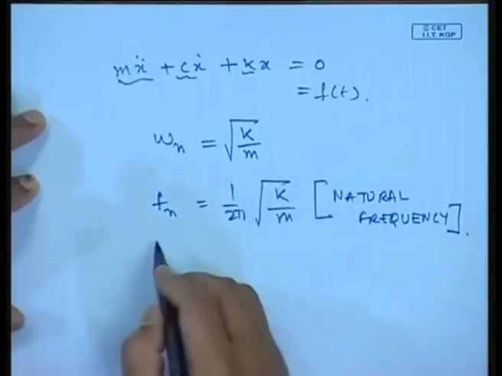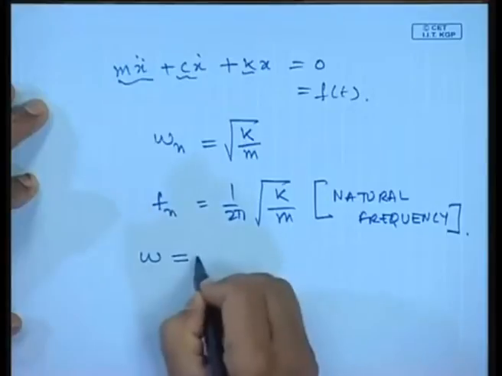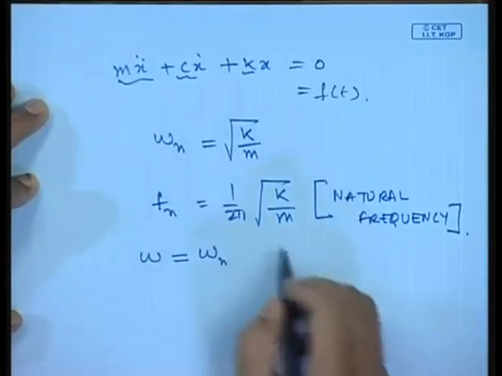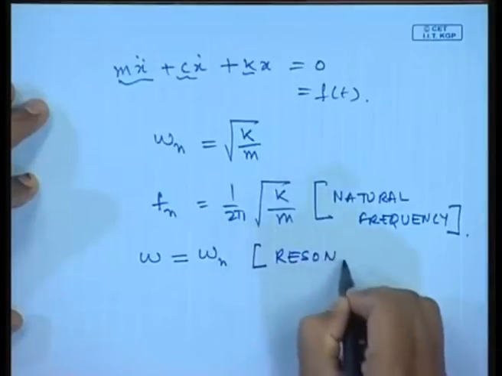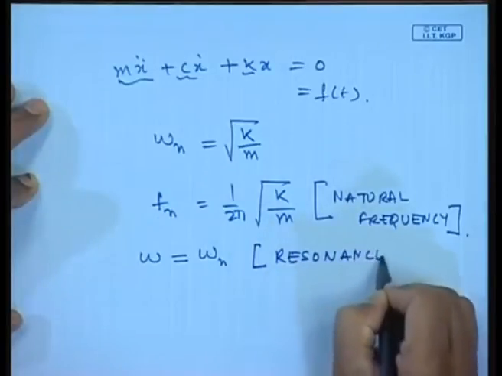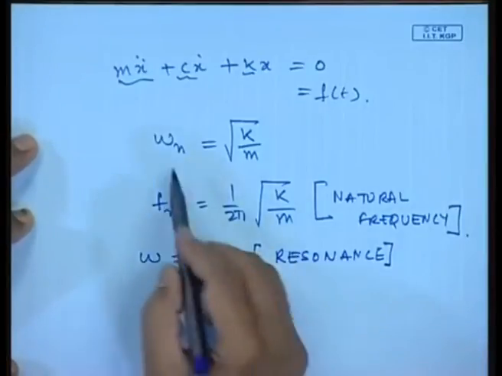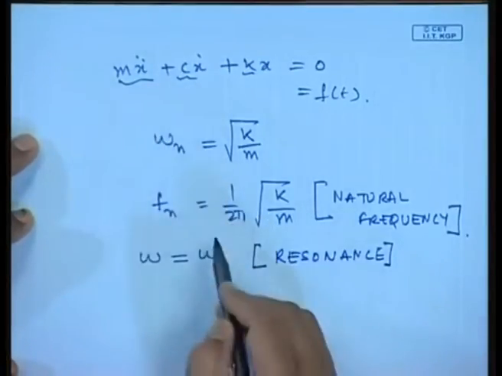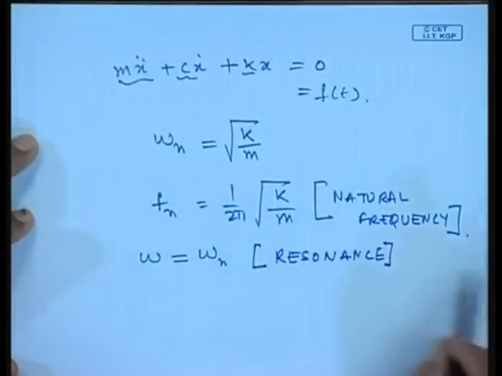But there are many consequences of this. For example, in one case we have the forcing frequency omega equal to omega n. So, we will have a strong case of resonance wherein there will be large motions of x or the displacement. So, this has to be avoided while designing the machines.